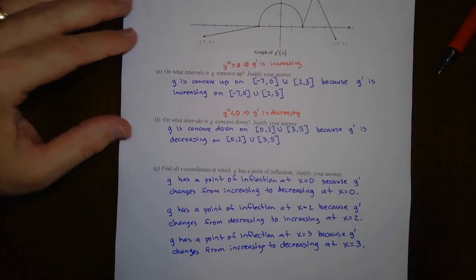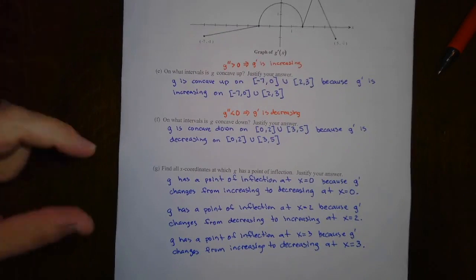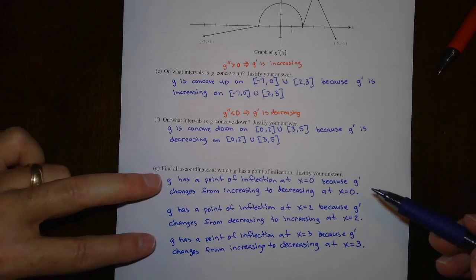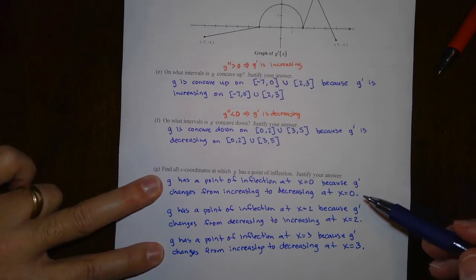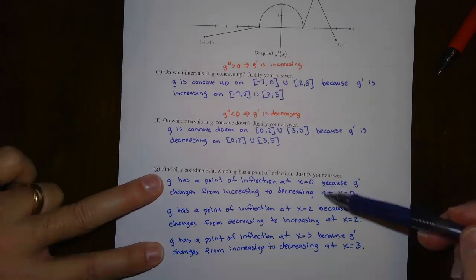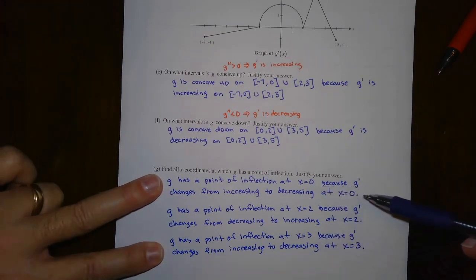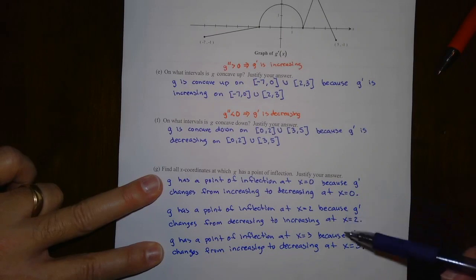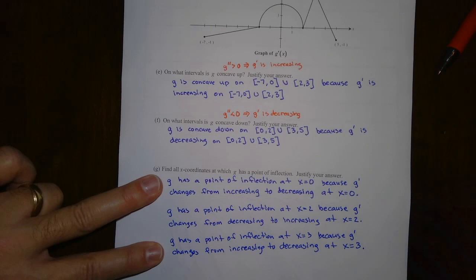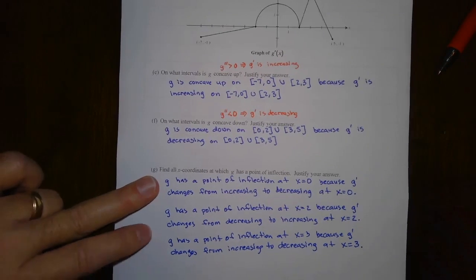Let me slide that up a little bit. Now you could have put the first sentence and the last sentence together, and said g has points of inflection at x equals 0 and x equals 3 because g prime is changing from increasing to decreasing at x equals 0 and x equals 3. So you can say it like that, but this middle one that we wrote would have to be separate.